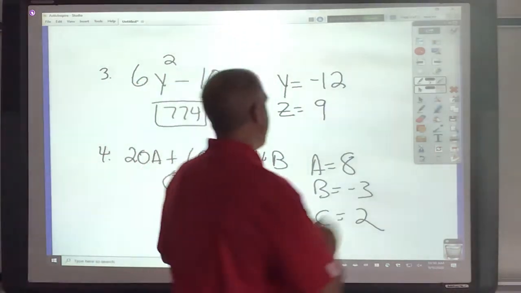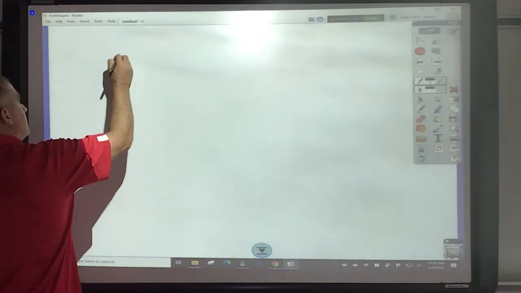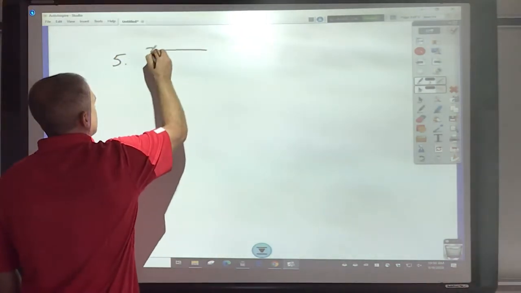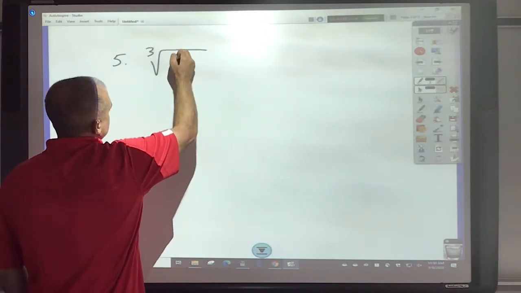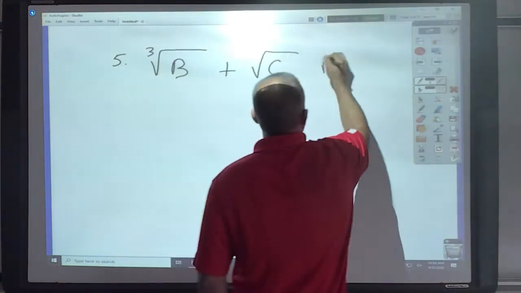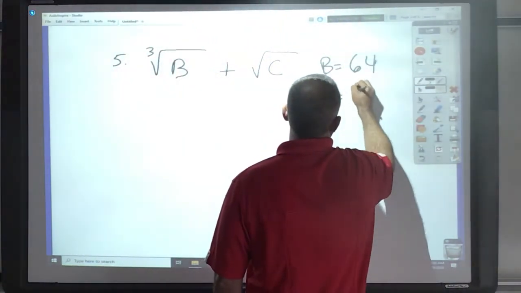All right, now let's go on to a couple more examples. I'd like you to put these in. Cube root of b plus the square root of c, where b equals 64, c equals 100.